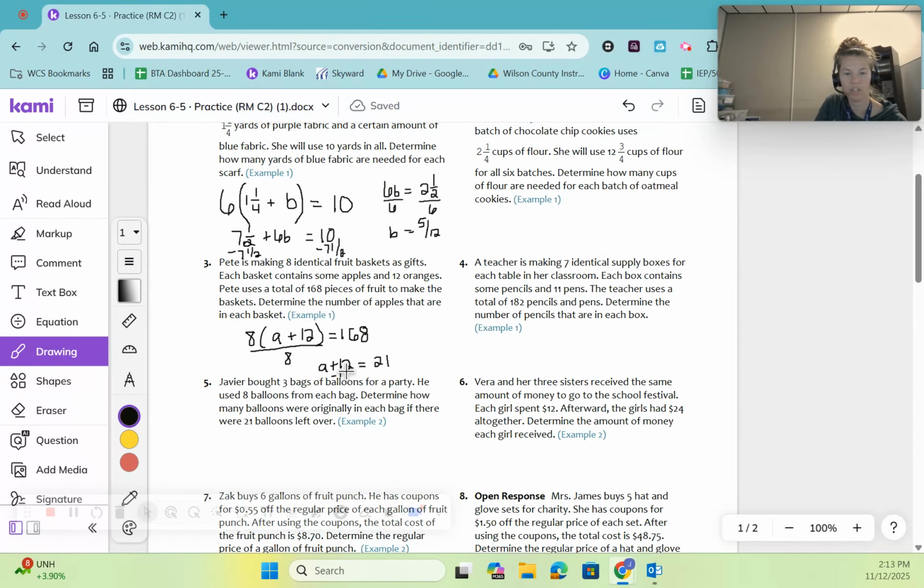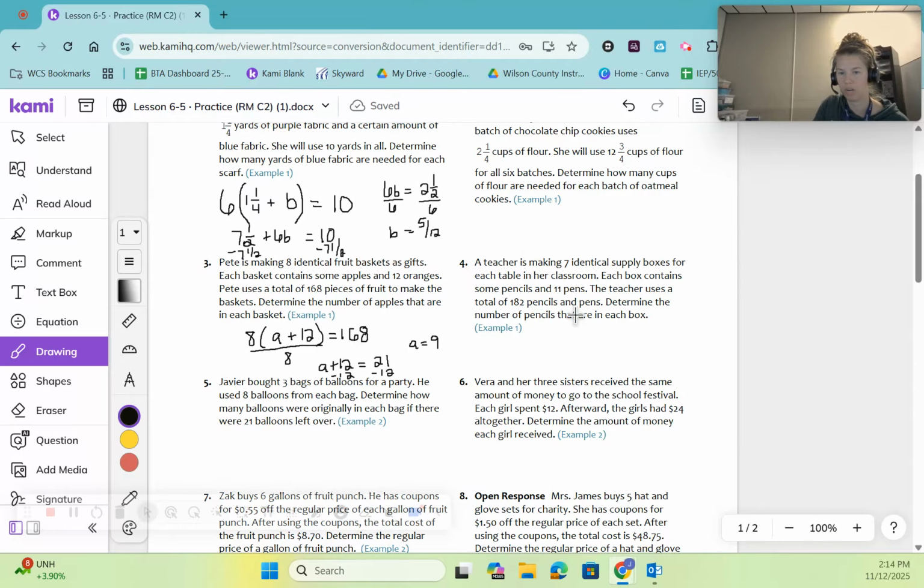From here I can just subtract 12 from both sides, and I get a equals 9. That means 9 apples in each basket and 12 oranges in each basket, so there's a total of 21 pieces of fruit per basket. That's what those numbers represent in the context of this problem.